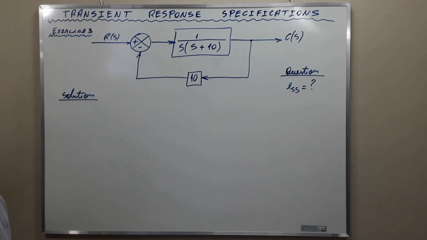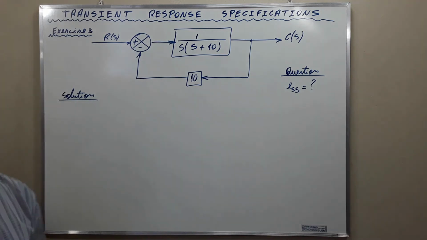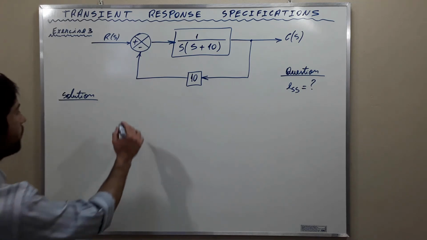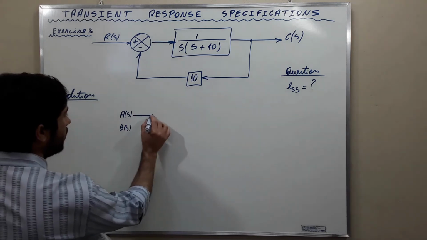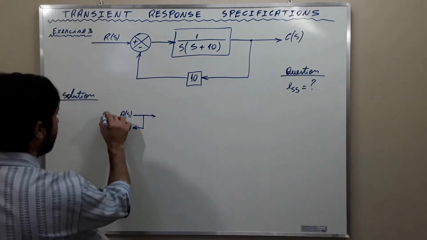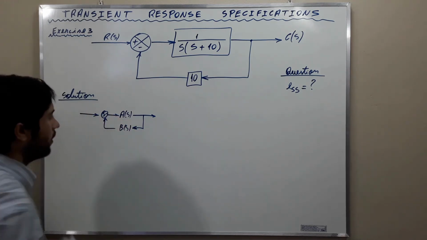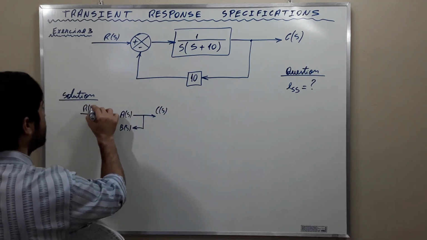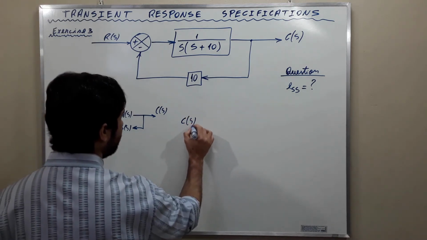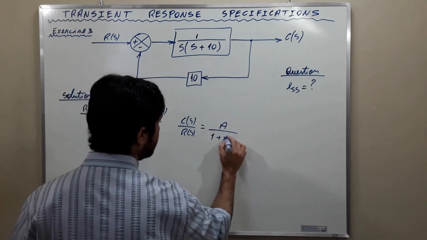The first step that we're going to take will be to come up with the transfer function of this block diagram. The closed loop transfer function can be calculated as follows. If we have A of S here and B of S here in a feedback loop, the transfer function C of S over R of S will be equal to A over 1 plus AB.